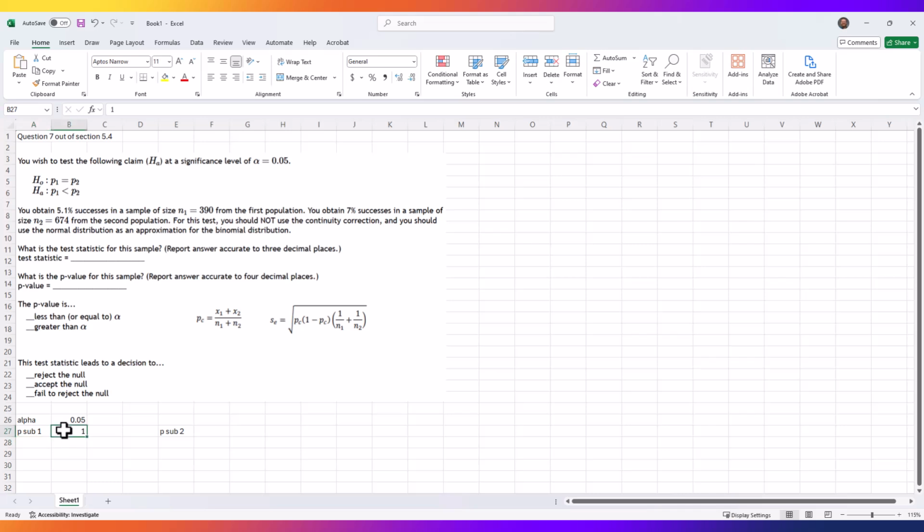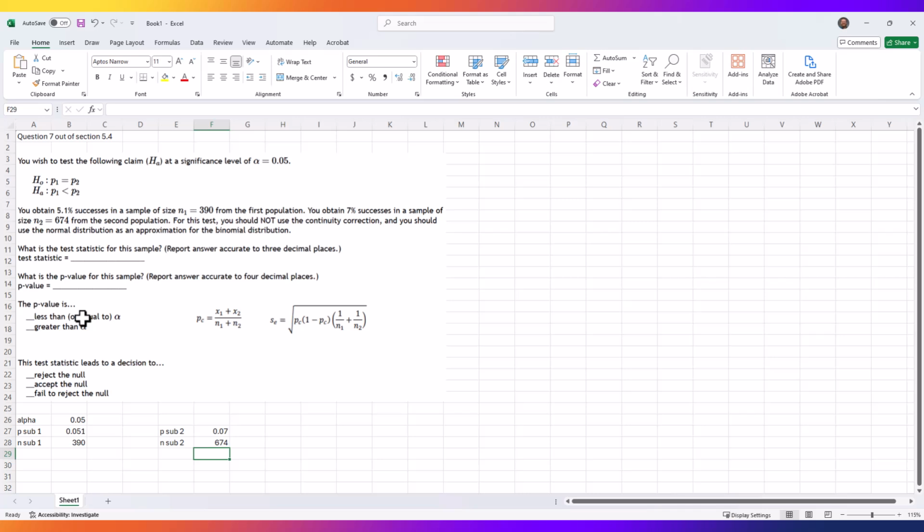So this is the probability of success of the first one, the probability of success of the second one, and we write these as decimals, 0.07 here. And then next up we have n sub 1 is 390, n sub 2, 674.